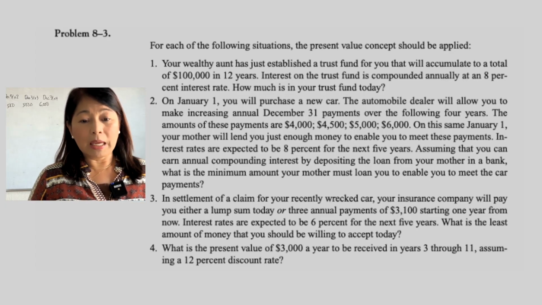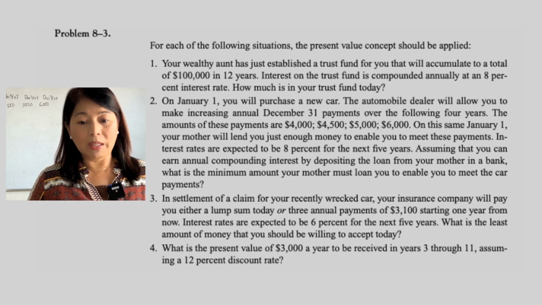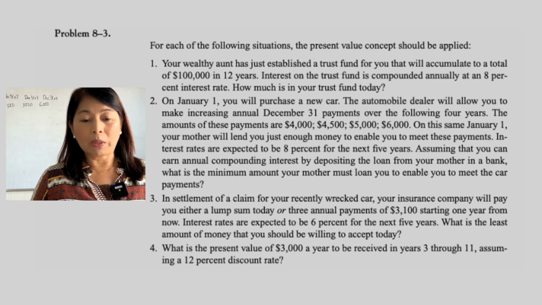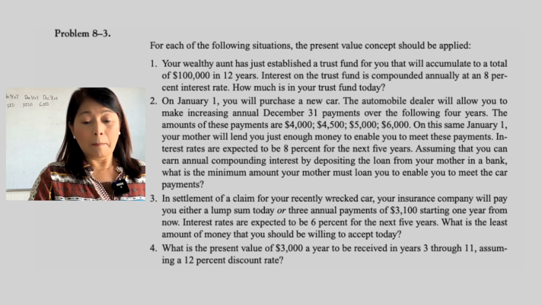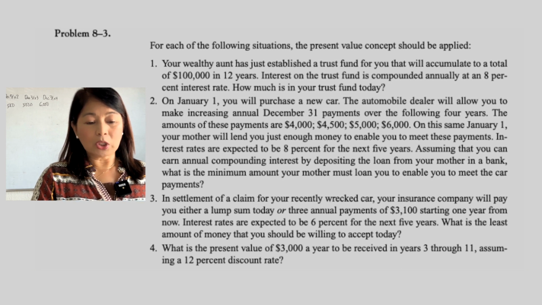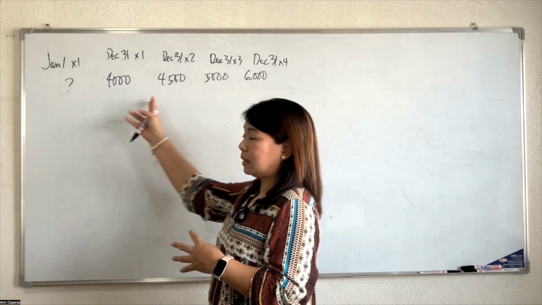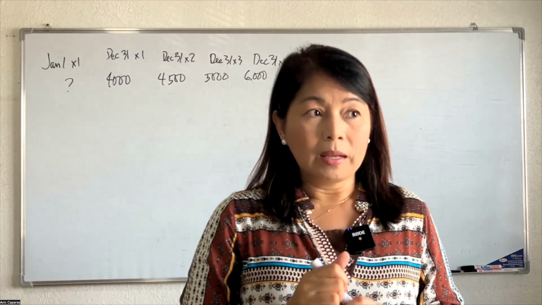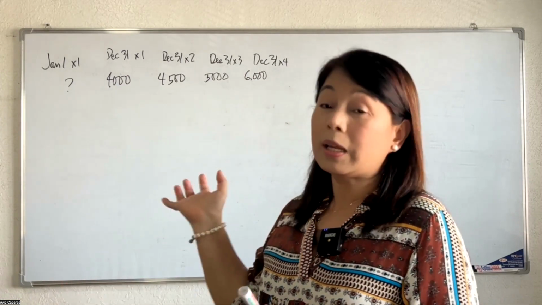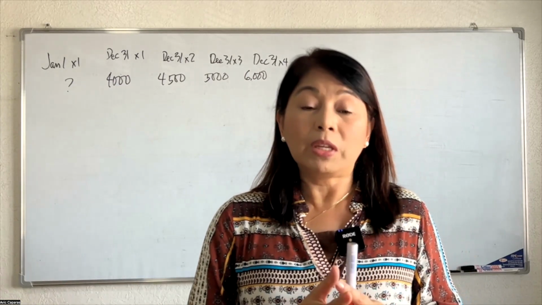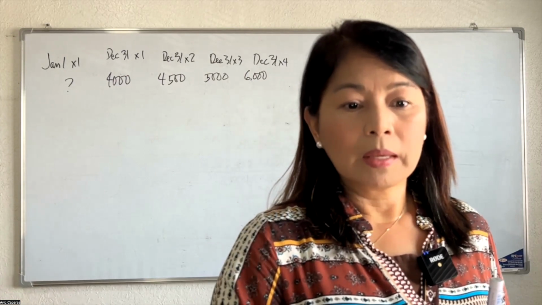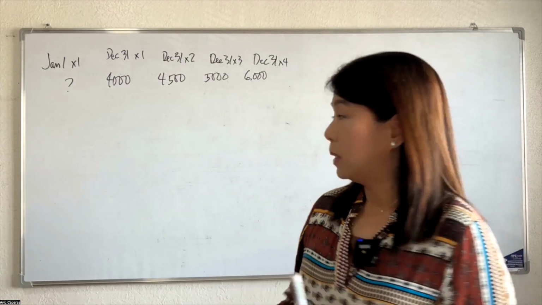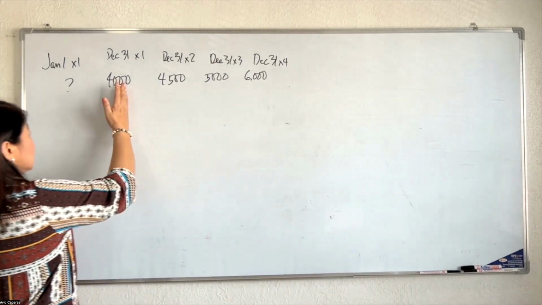Interest rates are expected to be 8% for the next 5 years. Assuming that you can earn annual compounding interest by depositing the loan from your mother in a bank, what is the minimum amount your mother must loan you to enable you to meet the payments? You cannot add everything and then just get the present value of the total for 5 years at 8%, because these are the amounts you need in year 1, year 2.